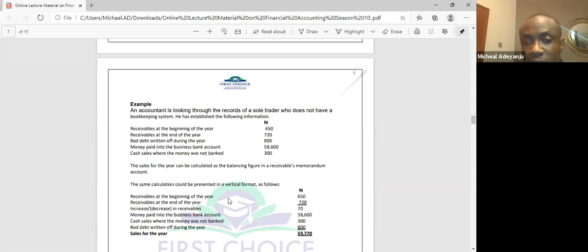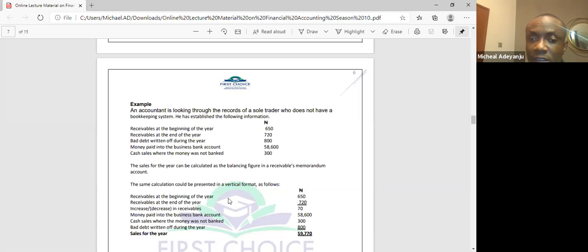Bad debts written off during the year is 800. Money paid into the business bank account is 558,600. Cash sales where the money was not banked is 300.